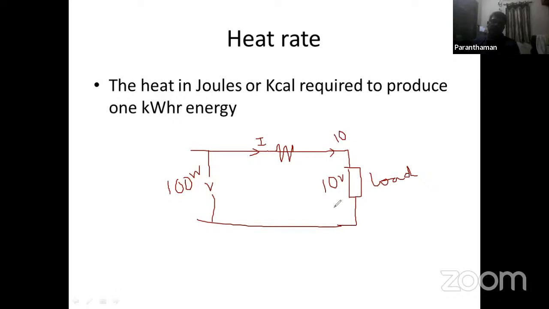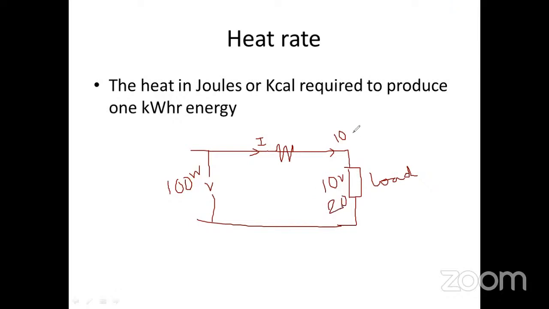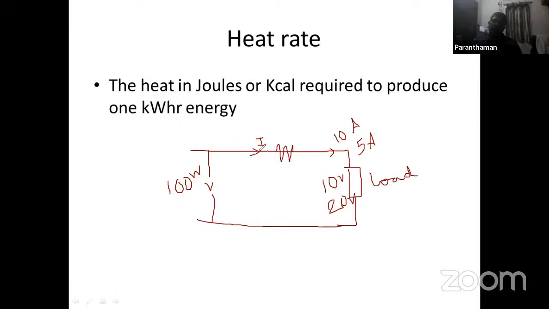In the second case, we are keeping this voltage as 20. What will be the current? 5 amps. Let us imagine this resistance as 0.1 ohms.